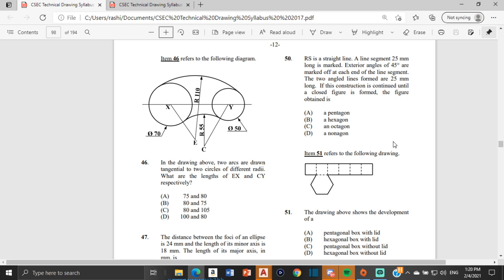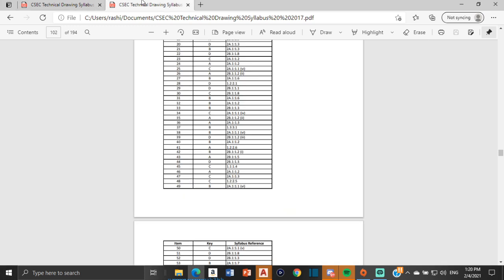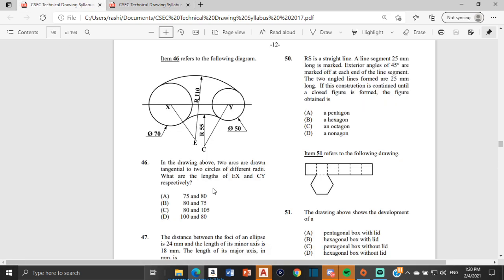Now, for EX, which would be right here, we have this arc here. Number 46 is A, and A is 75 and 80.